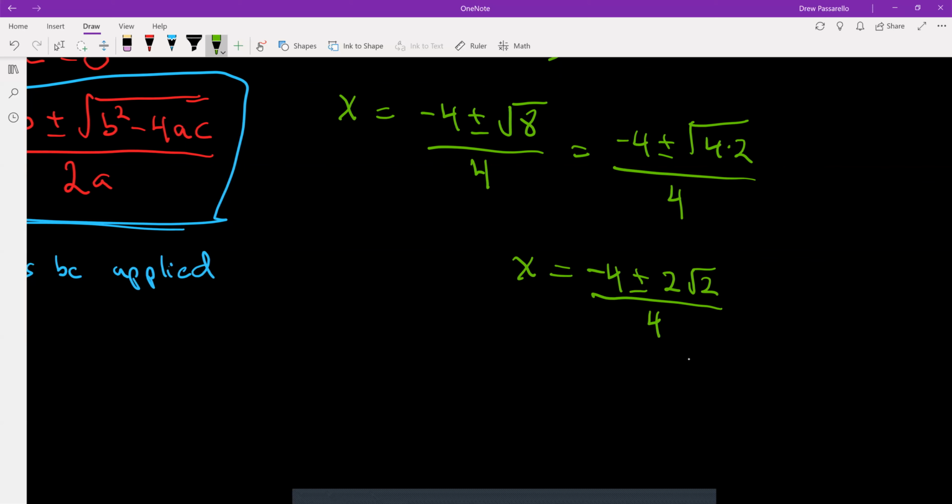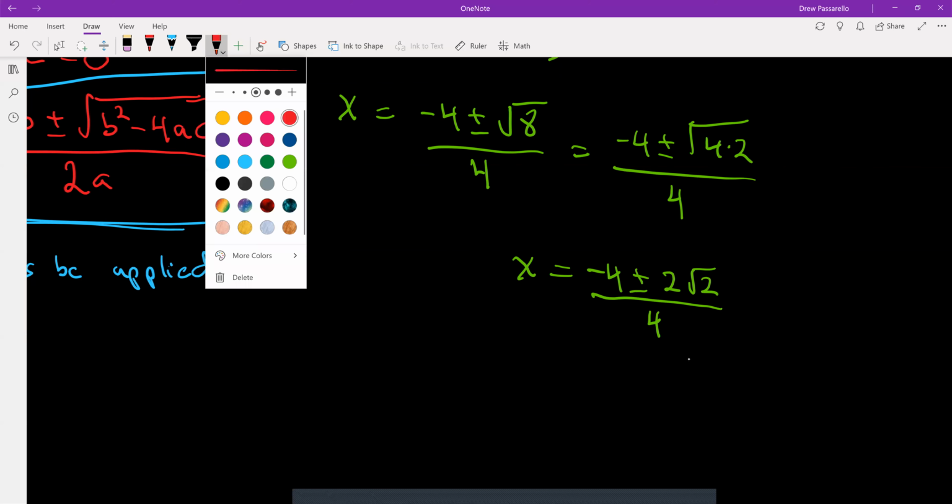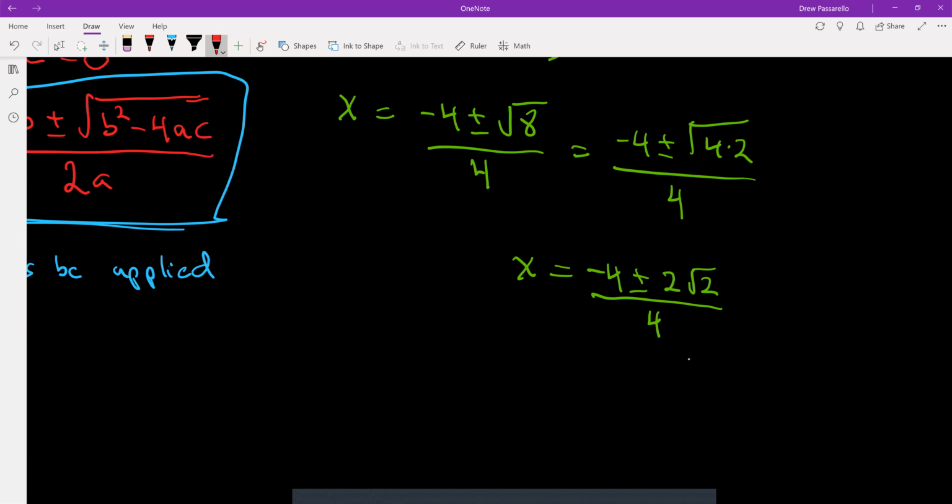And there's a common factor that I can divide out. All right, so let's see, I could divide out 2, for instance. If I divide out 2 from everything, 4 divided by 2 is 2. 4 divided by, again, 2 is 2, so that's a 2 down here.